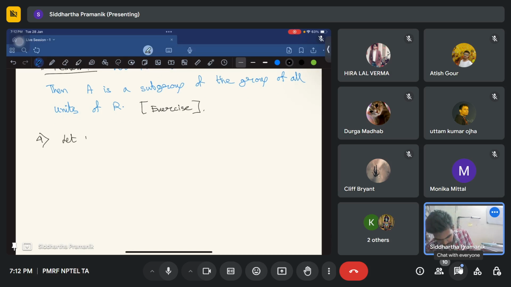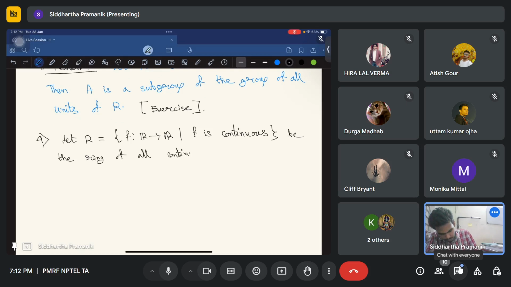So let R be the set of all functions from real numbers to real numbers such that f is continuous. So R is the ring of all continuous functions. I hope you have seen this in the lectures.